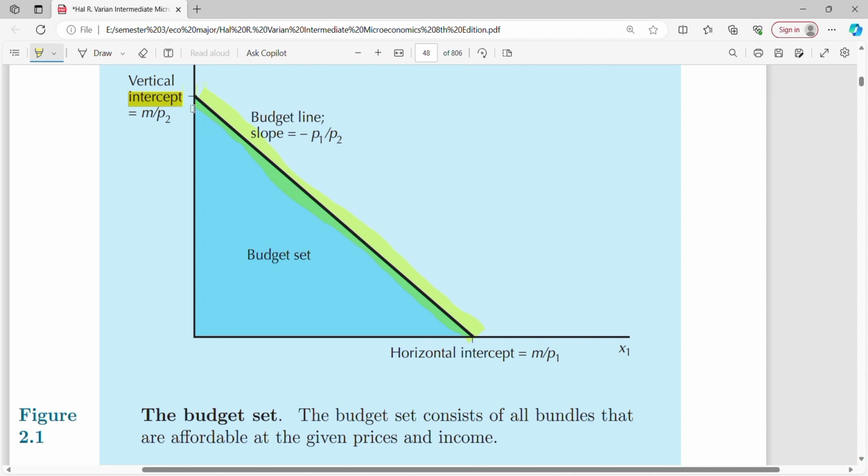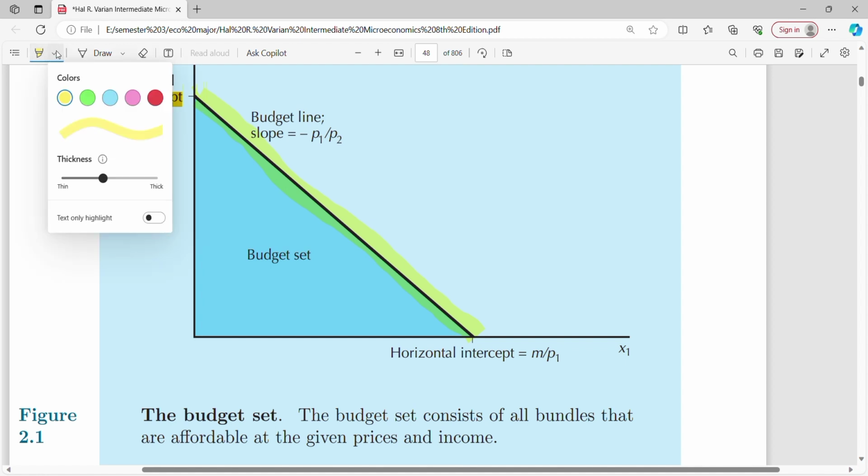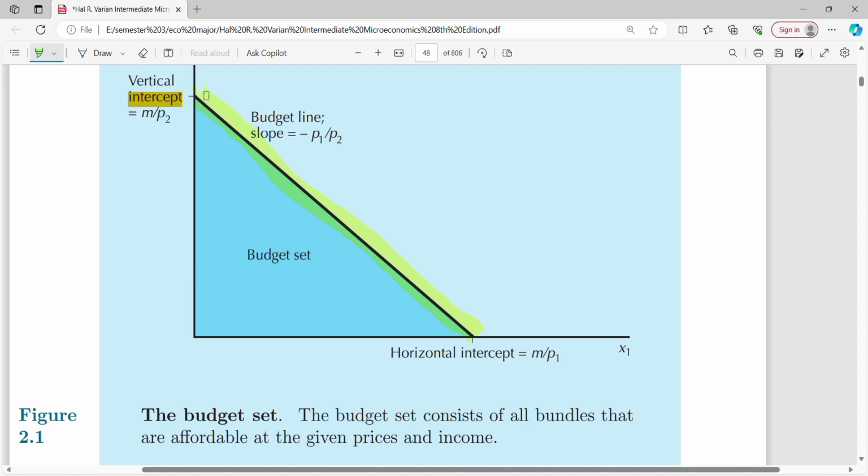And what do the bundles at these two extremes denote? If a bundle is at this extreme, that is here, I'll change the highlighter color. If there is a bundle here, for example, if the consumer has 5 rupees as income and the bundle is here, it means he's spending the whole income only on good X2.